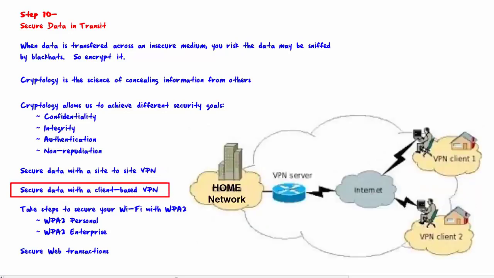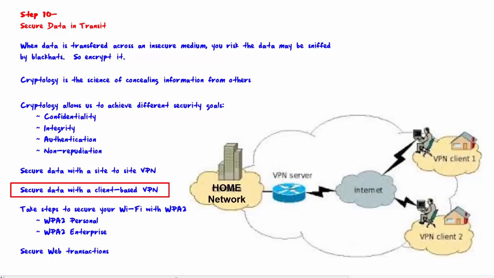Secure data with a client-based VPN. Here, a piece of software is installed on the end user's PC. This allows the remote user to establish a VPN from his laptop to the security appliance on their home network. When we say home network, we don't mean a home where you live, but the home office, the main office.